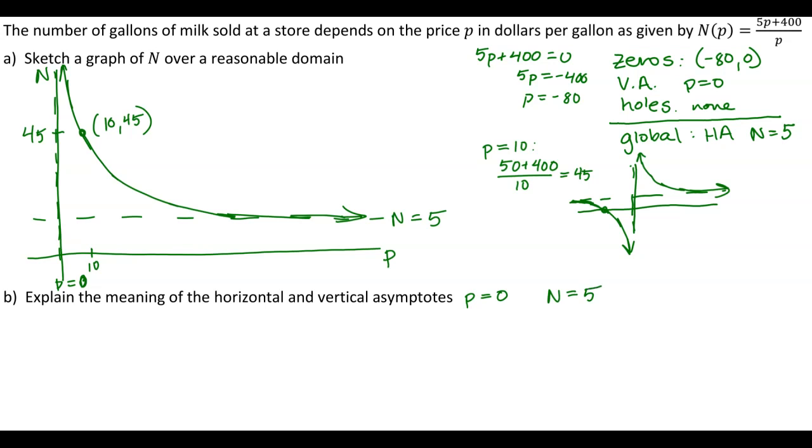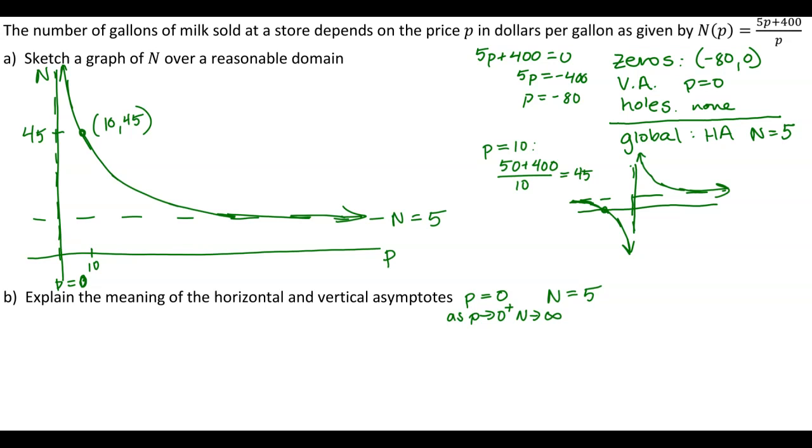So we know that near p equals 0, it's really kind of a limit statement. It's really as p gets close to 0 and n will head to infinity. And I'm going to give you a little extra calculus notation. You don't have to use it, but you'll get it shortly if you're headed to calculus. We can even say only looking at the right-hand side, which means just put a little plus, almost like an exponent.